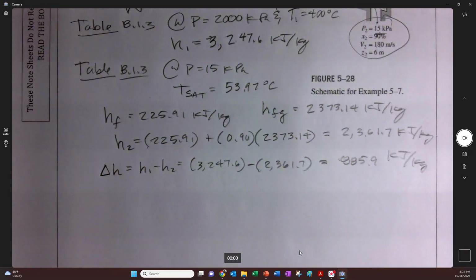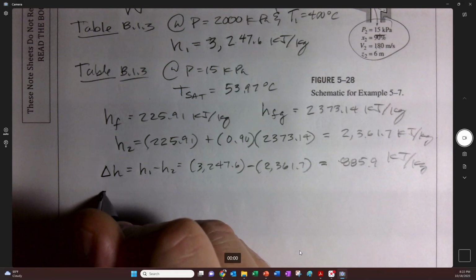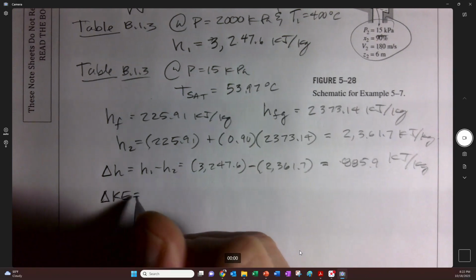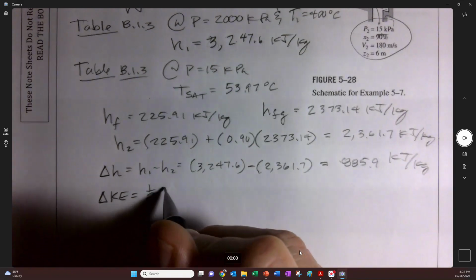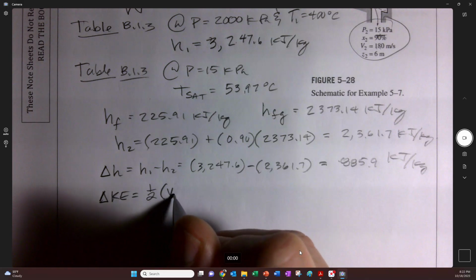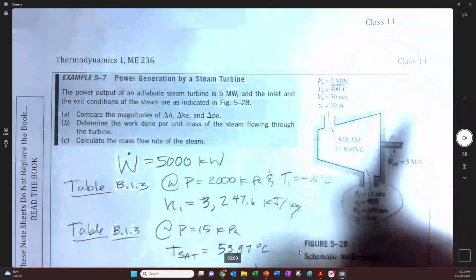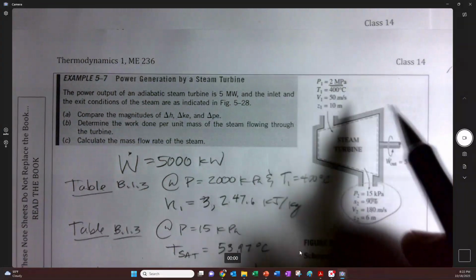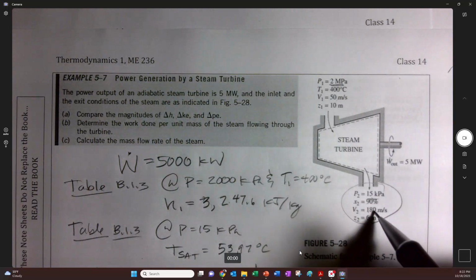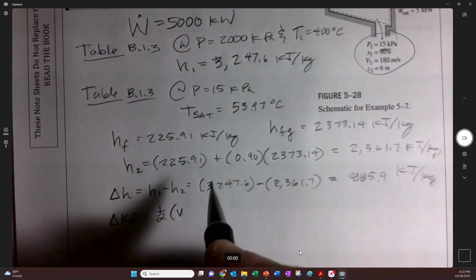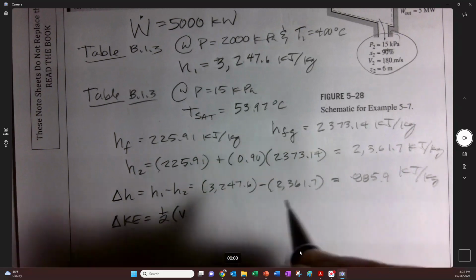All right, so we have the delta kinetic energy. That's going to be 1/2 V2 squared minus V1 squared. It's coming out 180 versus 50, right? So we went from 50 in to 180 out. We could do it on a per mass basis, that's fine.